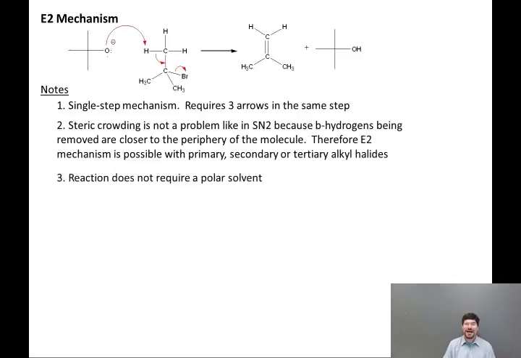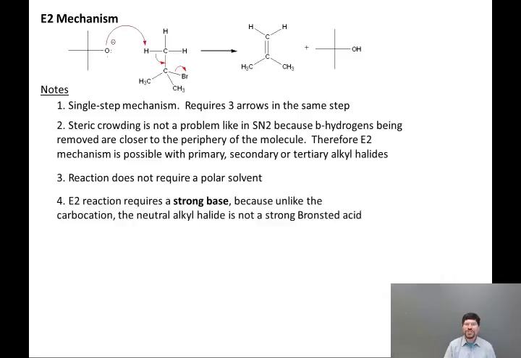Okay, being an E2 mechanism that does not have an intermediate with a full positive charge, this reaction does not require a polar solvent. It doesn't care if the solvent is nonpolar or polar, although a polar solvent is just fine. But most importantly, the E2 reaction requires a strong base.